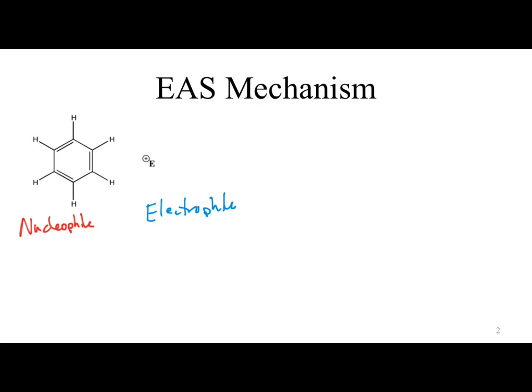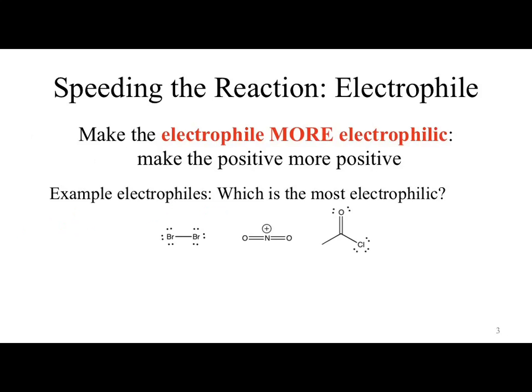Okay? So what we're going to do is look real quickly at how we can speed the reaction. So this is evaluating our electrophile. We can make our electrophile more electrophilic by making it more positive. So if we take a look at these three possible structures, which of those three is the most electrophilic? To be an electrophile, what does it need to be?